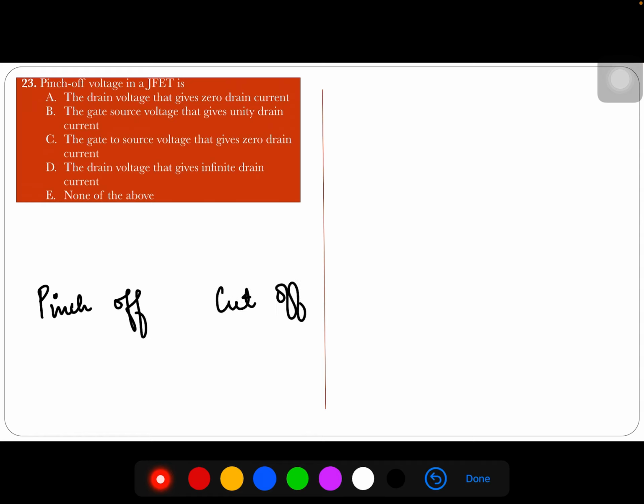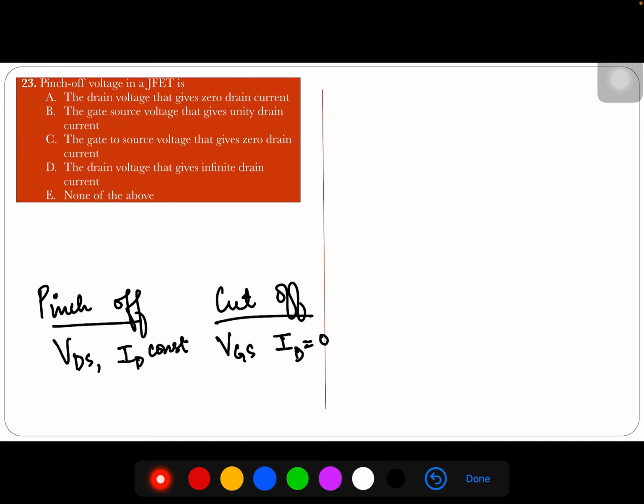Pinch off is the value of VDS, and cutoff is the value of VGS. Pinch off is the VDS value at which ID becomes constant, and in the case of cutoff, it is the value of VGS for which ID is zero. So always remember this difference between the two.